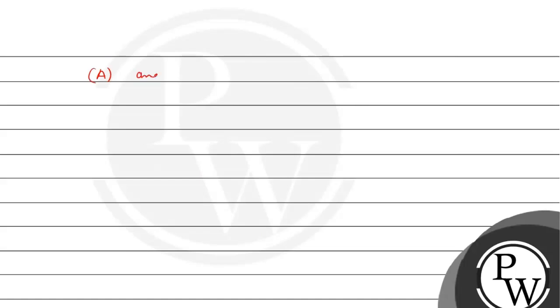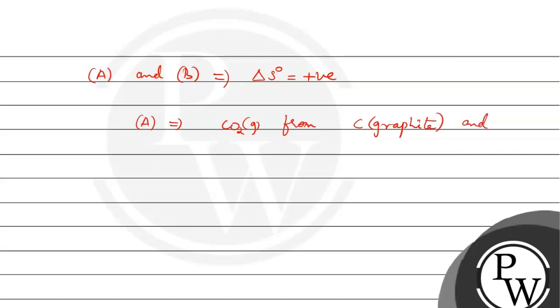In both reaction A and reaction B, delta S naught is a positive value. But we have to see which is more positive here. Reaction A is more positive because formation of carbon dioxide gas from graphite carbon and oxygen gas involves a significant increase in the disorder.